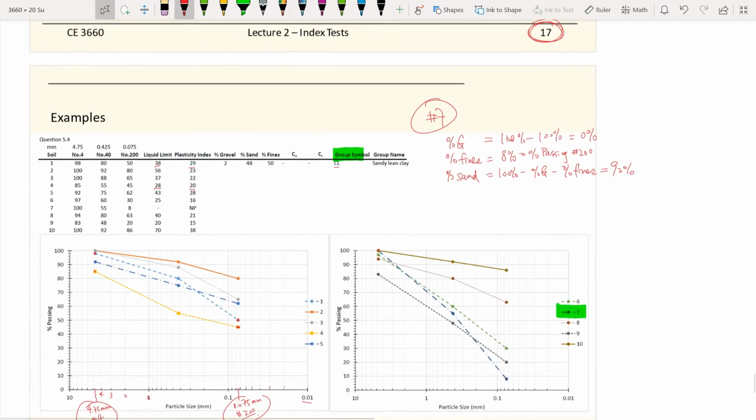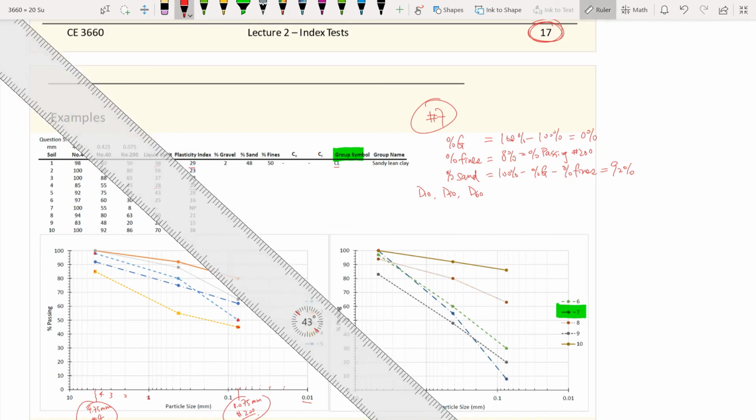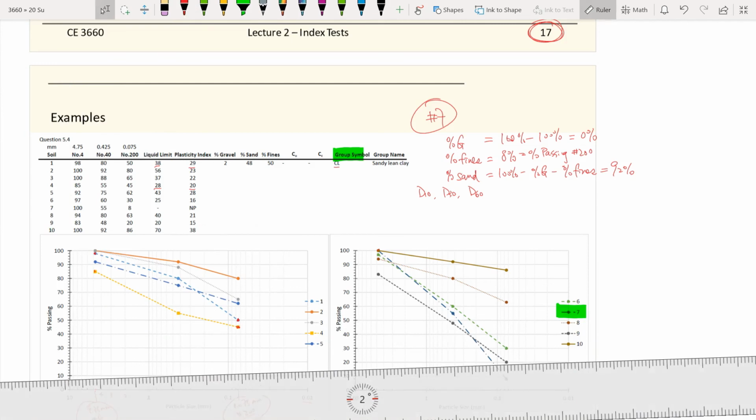In order to find Cc and Cu, to finish the flow chart, we need to find D10, D30, and D60. Remember, D10 is the diameter at 10% passing.